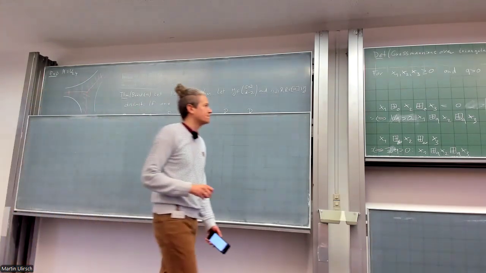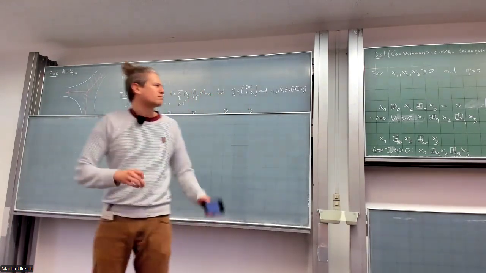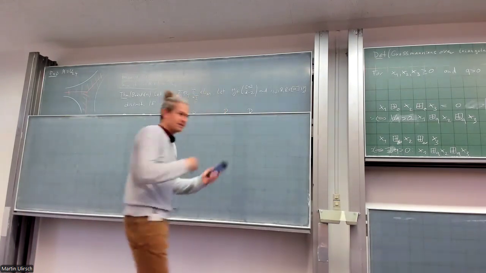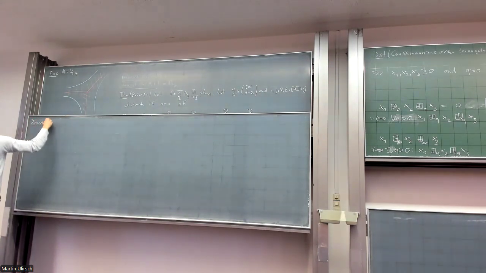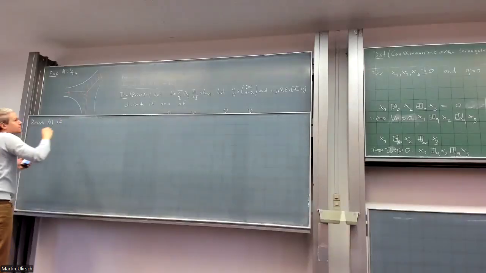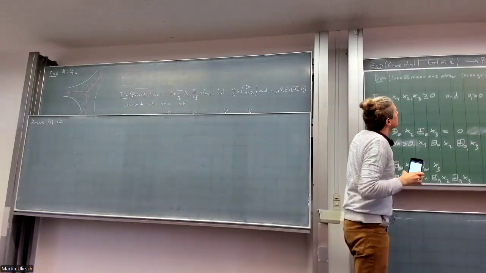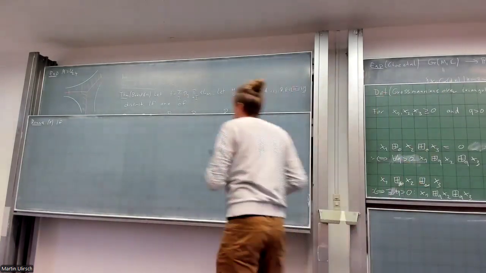So tropical would be saying that maximal lengths are equal. So let me discuss it. Maybe first see how it relates to this example on top.